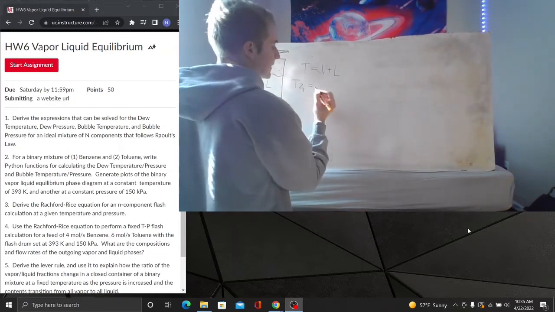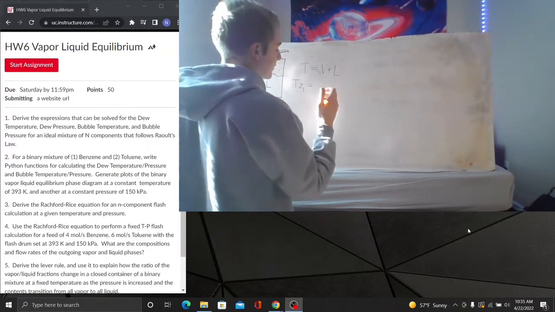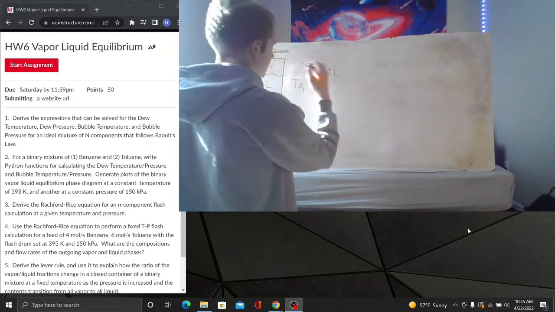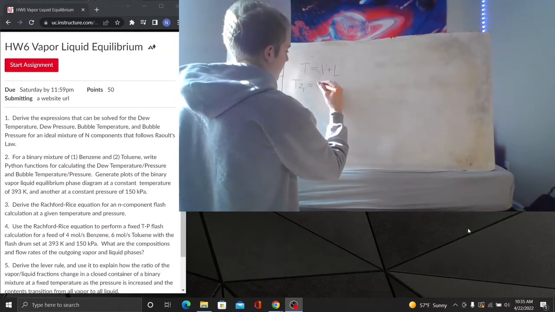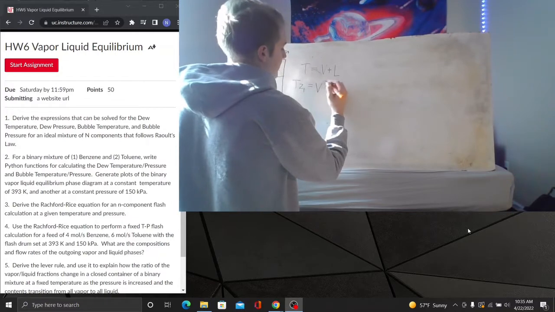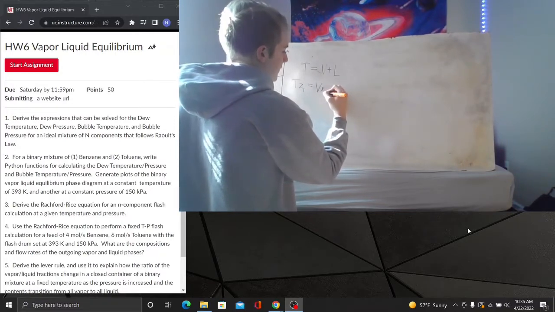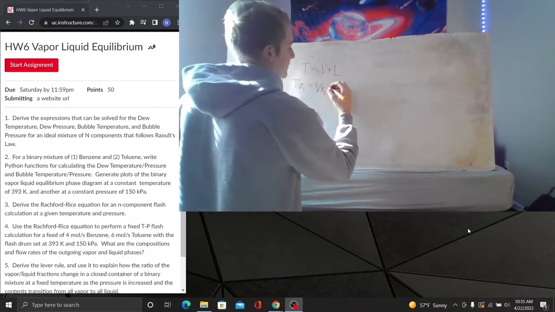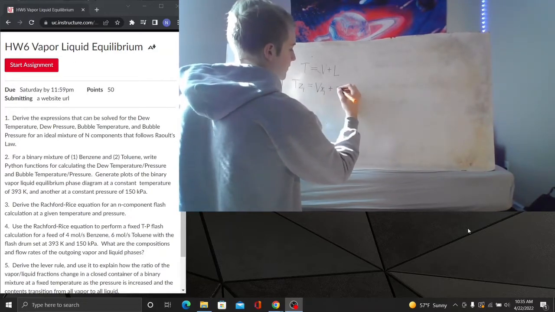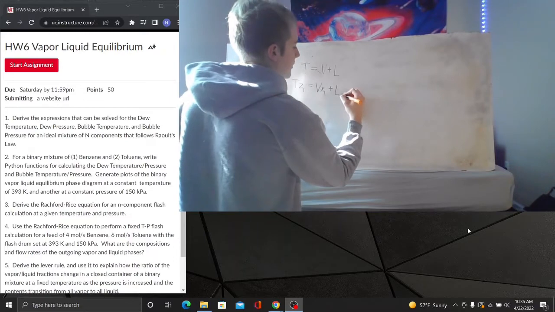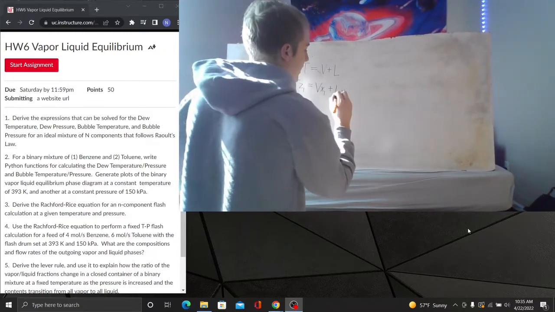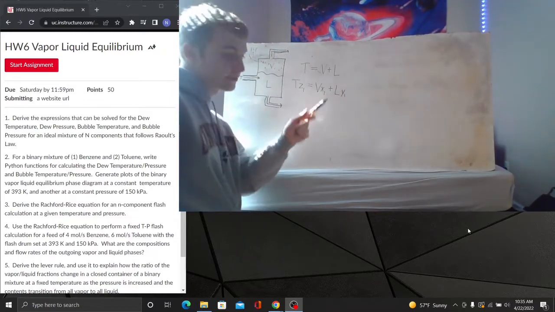And then we can do that same thing for the vapor and liquid phases as well. So it would be V, and this time times Y1, the mole fraction in the vapor phase, and then plus L times X1, the mole fraction in the liquid phase.